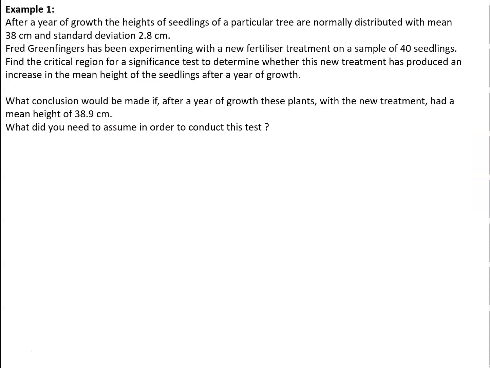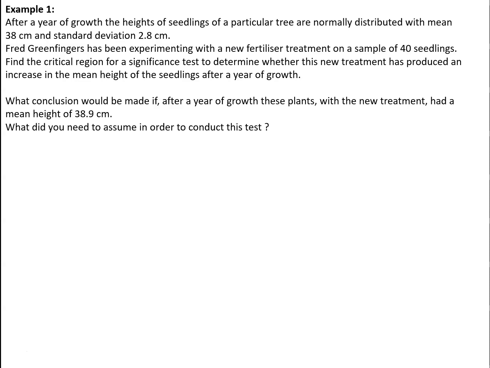So let's look at our first example now. After a year's growth, the height of seedlings of a particular tree are normally distributed with mean 38 centimeters and standard deviation 2.8 centimeters. Fred Greenfingers has been experimenting with a new fertilizer treatment on a sample of 40 seedlings.